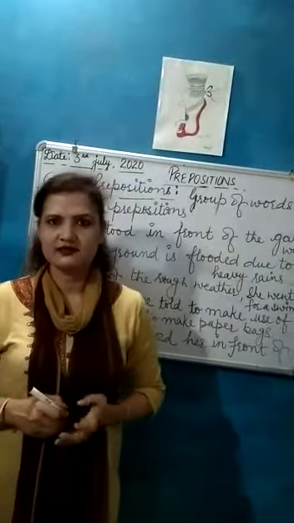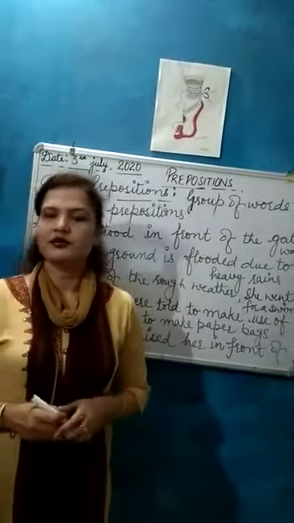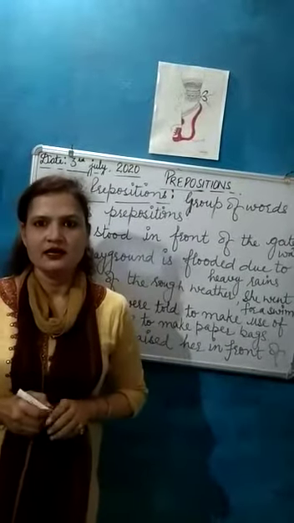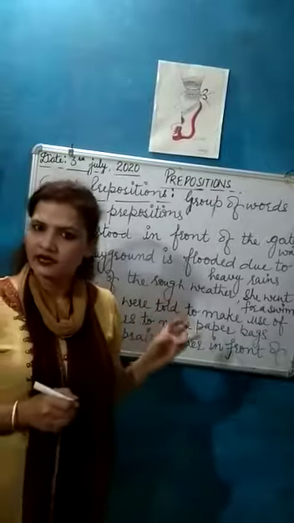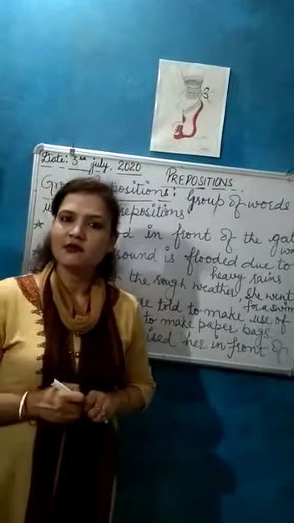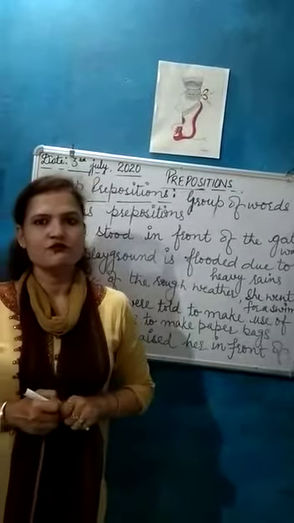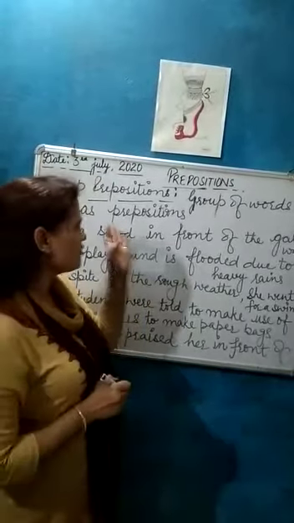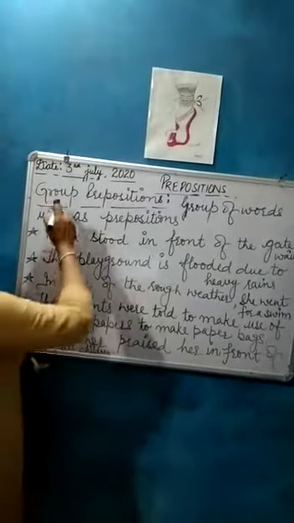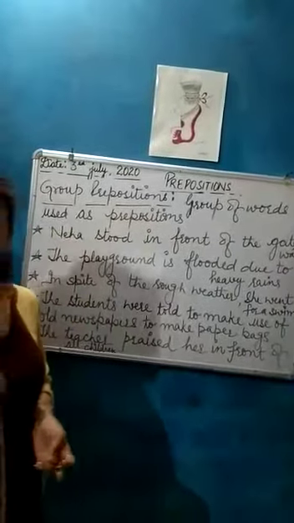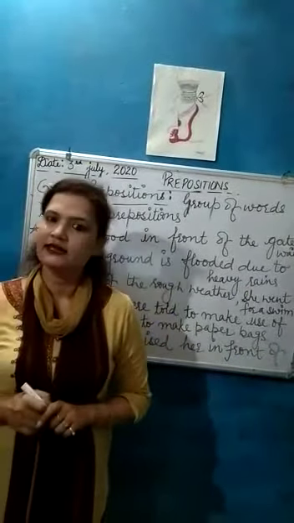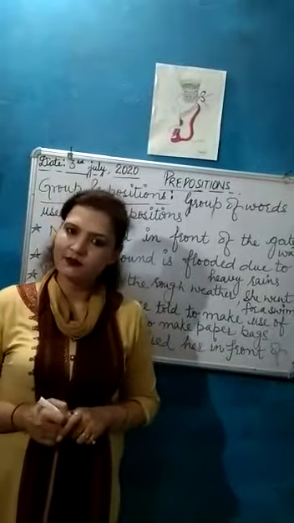Dear students, along with prepositions of place and position, prepositions of time, and prepositions of direction, there are some other prepositions which are used in the form of groups. These are the group prepositions. Group prepositions are groups of words that function as a preposition.